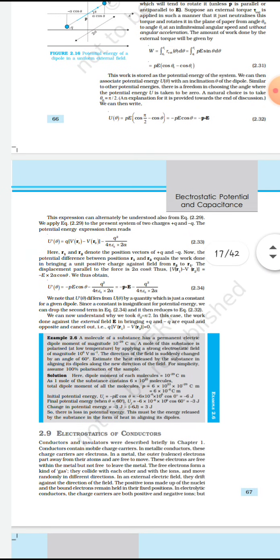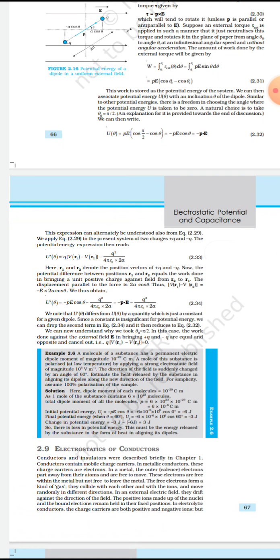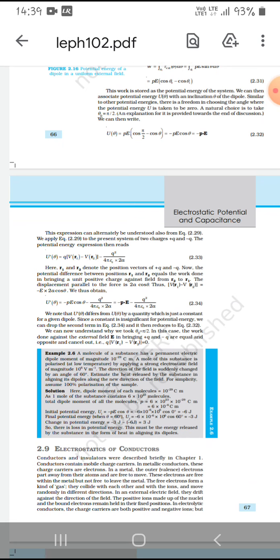Now the formula we got for the potential energy in an external field, we will put here, with the separation as 2a instead of r12. Joining both, the potential energy is equal to pE cos theta minus q squared over 4 pi epsilon naught times 2a.